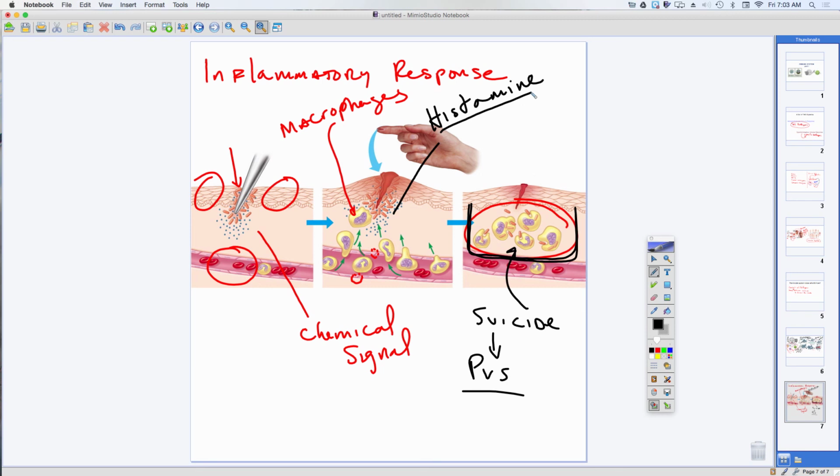You might be familiar with a histamine response, like when you get an allergic response and your eyes get puffy and you start making tears. That is because histamine has been released, and that's what's causing your blood vessels to get leaky and give you puffy eyes. Your response to dealing with a histamine problem is to take an antihistamine like Benadryl, which stops this inflammatory response.